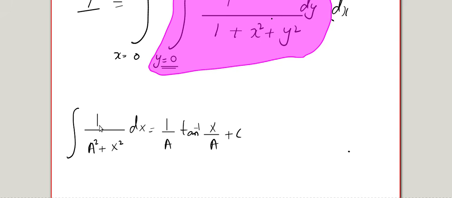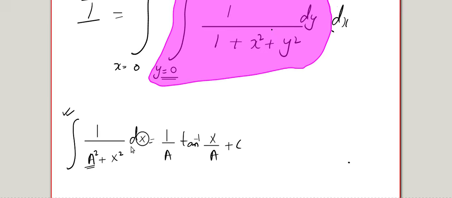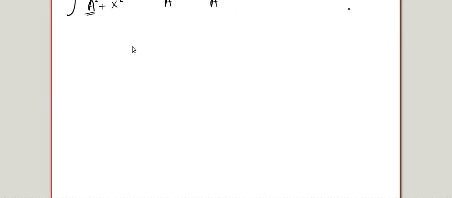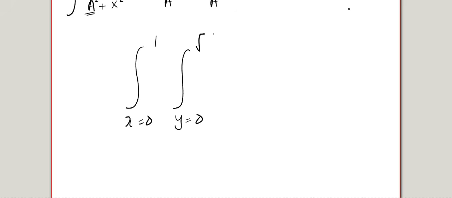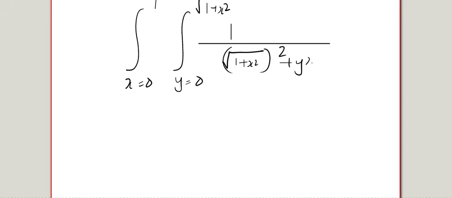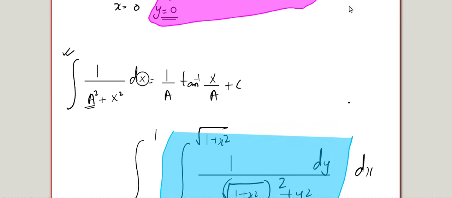But remember, in this formula x is a variable and a is a constant. Now look at this, we have to manipulate this a little bit. I am going to write x equal to 0 to 1, y is equal to 0 to root under 1 plus x square, 1 by root under 1 plus x square the whole square plus y square dy and dx. Now look at this, I'll tell you why. It sounds a little bit complicated, but it's very easy.